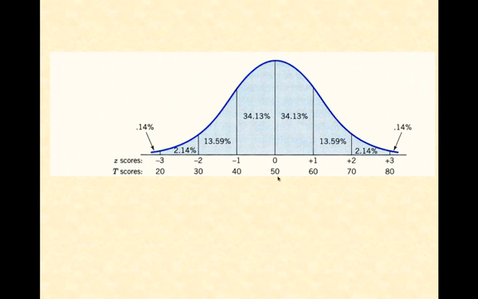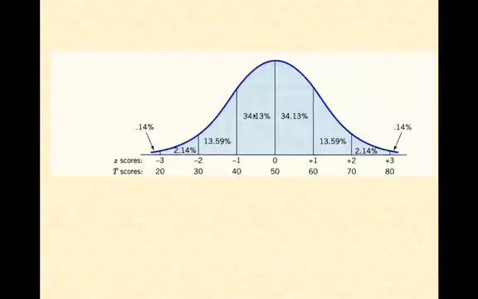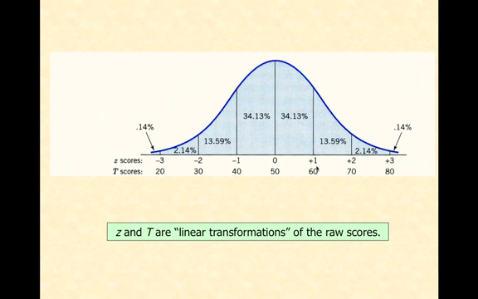If we go back to our formula, our formula, remember, for a t-score is the z-score times 10 plus 50. So if the z is 1, 1 times 10 is 10, plus 50 is 60. And if we look ahead, we see that, in fact, that is the case. T and z are linear transformations of our raw scores.